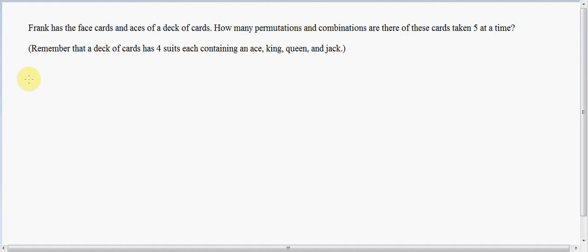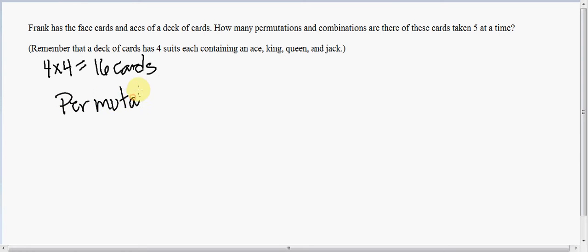So how many cards does he have if he has the face cards and also the aces? Well, there are 4 cards, ace, king, queen, and jack, and 4 suits, so 4 times 4 tells me this guy has 16 cards that he's using. We have to keep that in mind. So first for permutations, this is our permutations here.